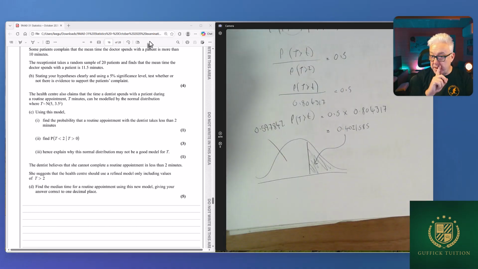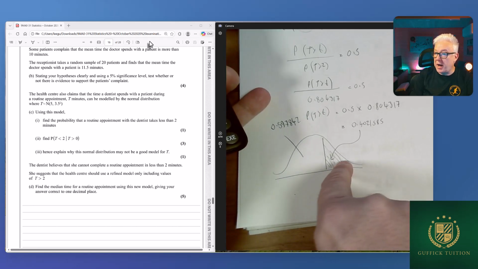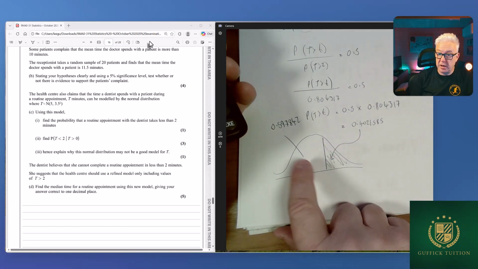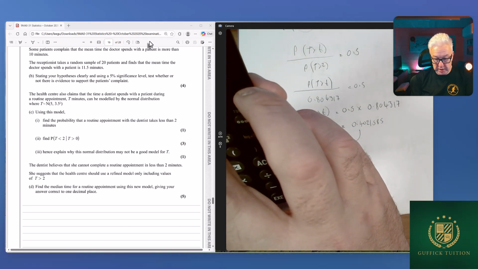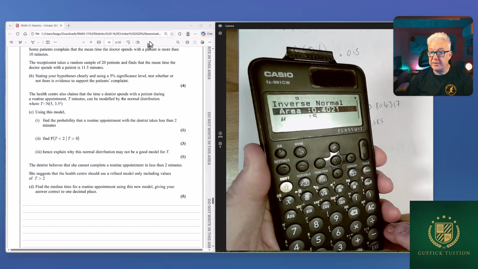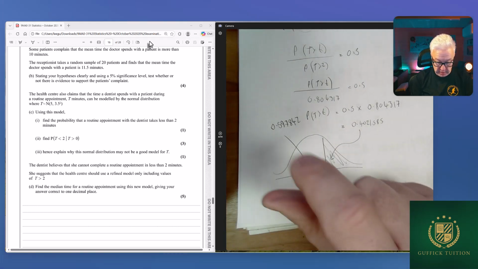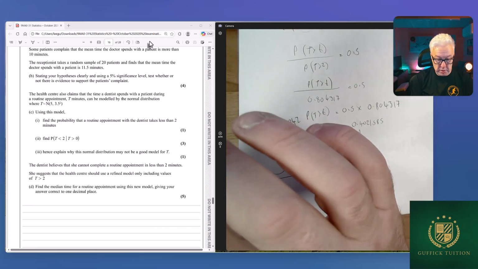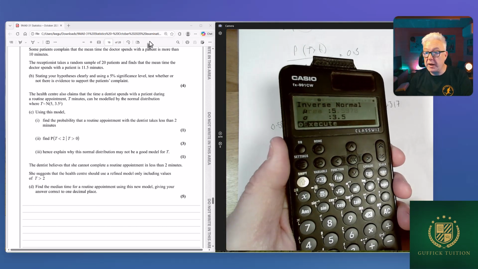Again, that doesn't matter if you're using the ClassPad or 100, because you could just select the right hand tail and use that probability. But if you're using this kind of calculator, we need to go over from the left hand side. So we're going to do an inverse normal, which counts from the left hand side, and we've got the area of 0.597842, with a mean of 5 and a standard deviation of 3.5, put that in.